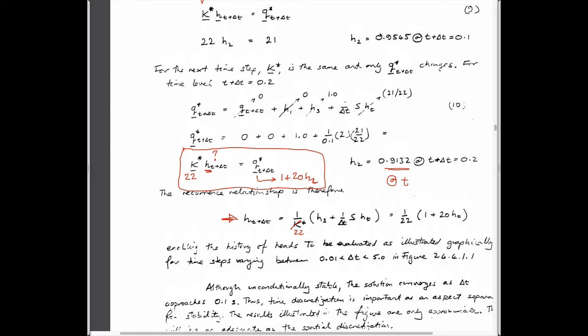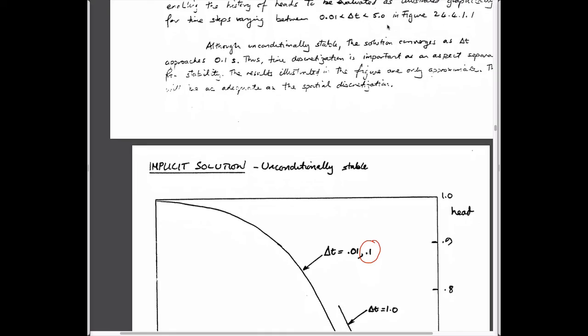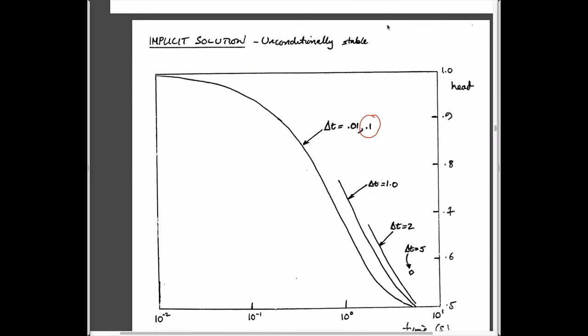The first time step is 0.95. So if you look on this plot, the first time step is 0.1. So yeah, this is about right. This is the first time step. It's about 0.95.